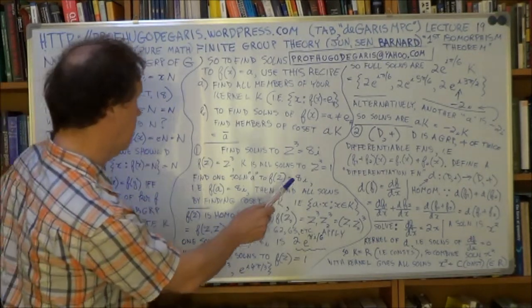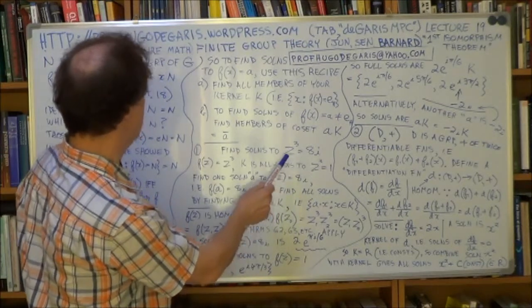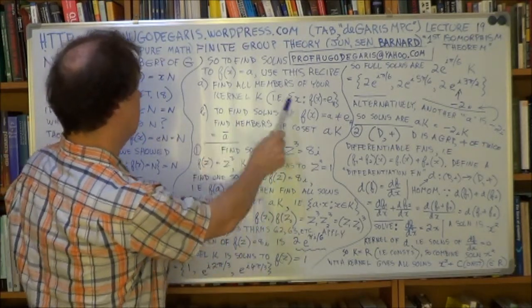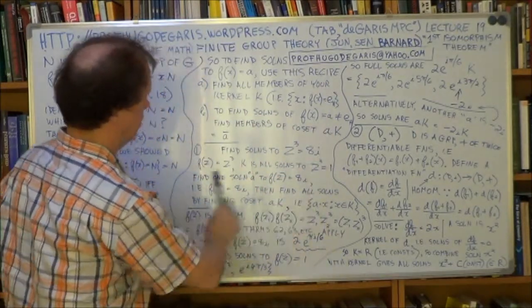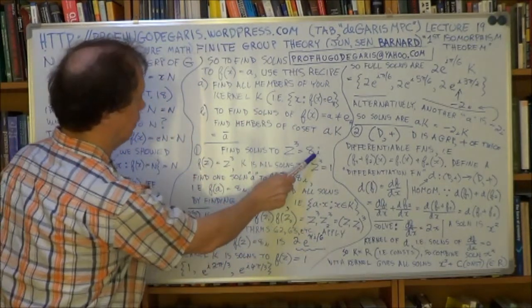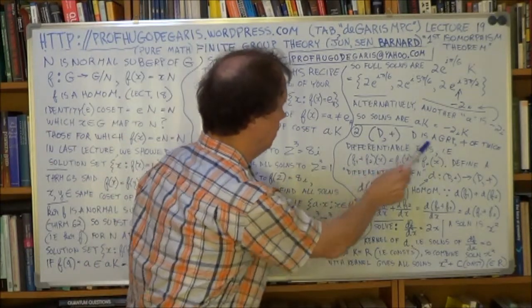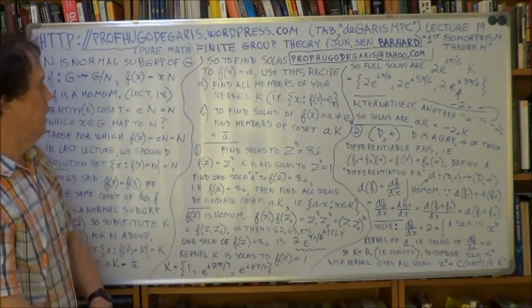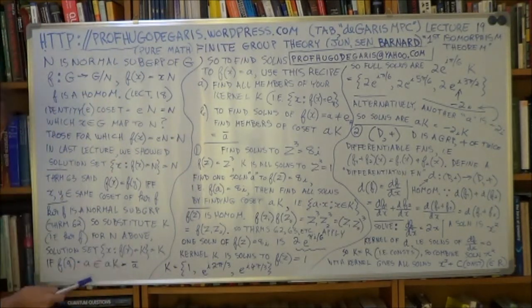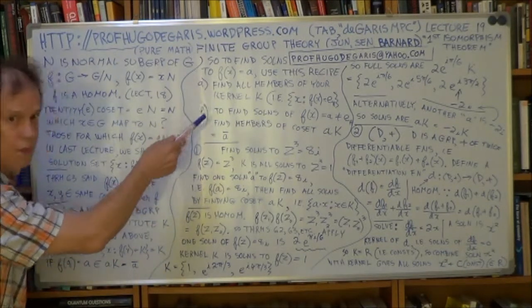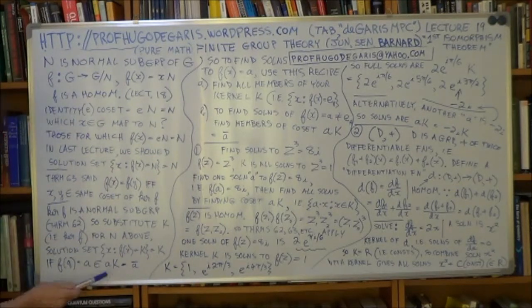All right. Now, let me talk about the recipe, and then we'll apply it to here. This being the first particular case, and this being the second. Now, to find solutions, little g or x, same thing effectively, you need to know what your kernel is, right?